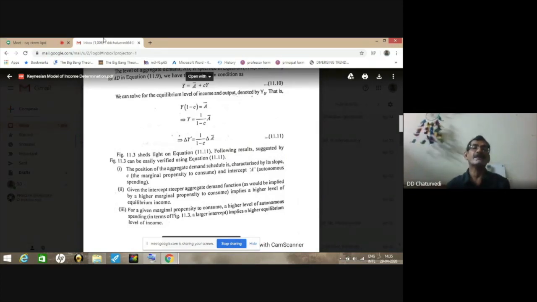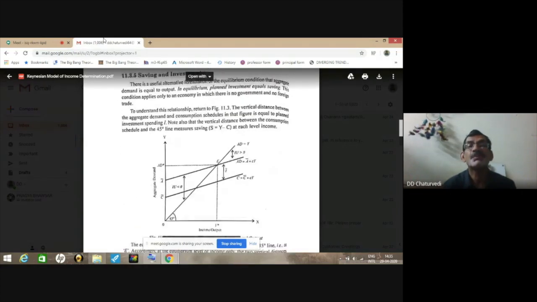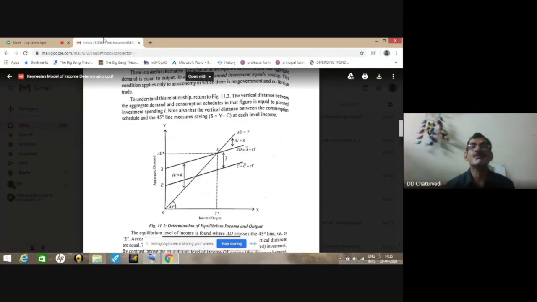The second point is, given the intercept, a steeper aggregate demand function will imply a higher level of equilibrium income. So if I take you back to figure number 11.3, you will find that this aggregate demand curve is starting from A bar, and the rate at which aggregate demand is rising is given by the marginal propensity to consume.